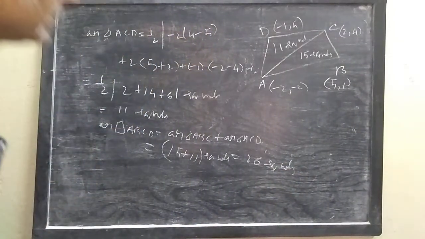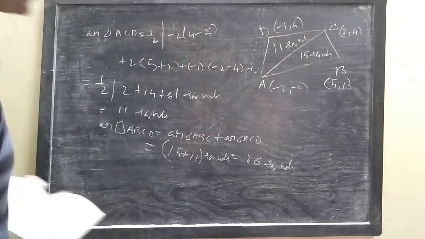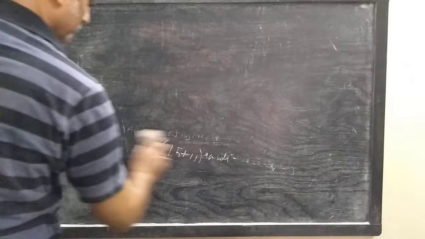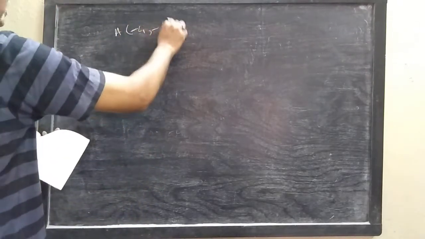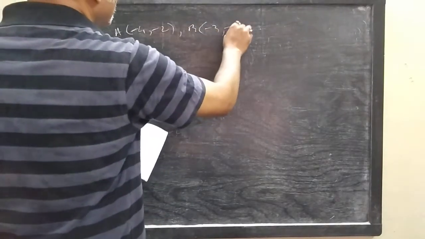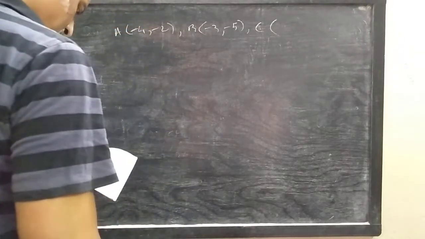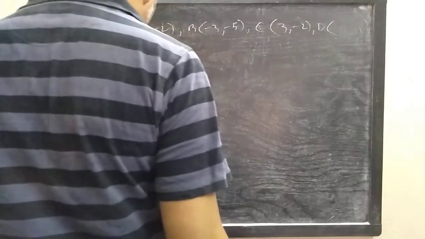So, take a problem as homework. Your A is (-4, -2), B is (-3, -5), C is (3, -2), and D is (2, 3).